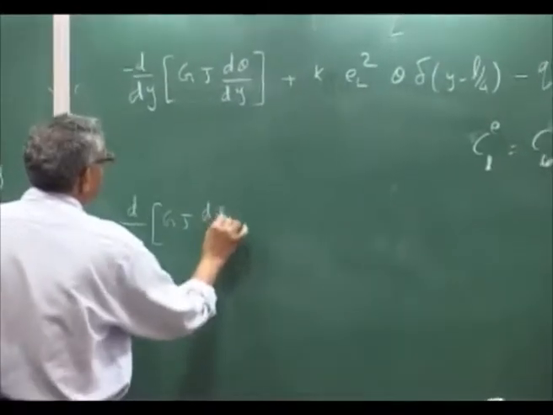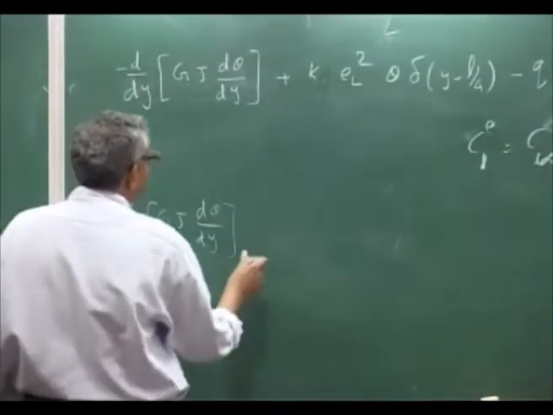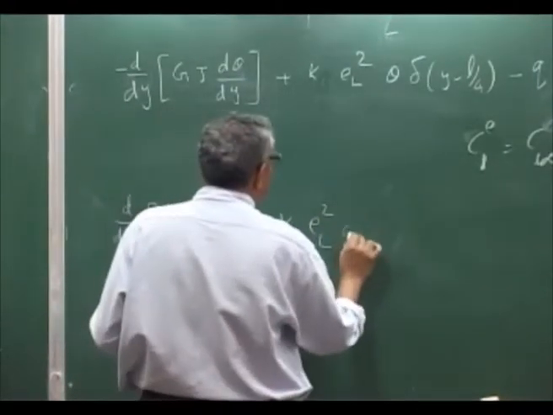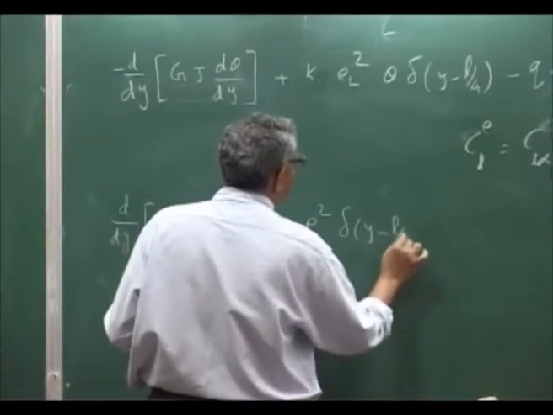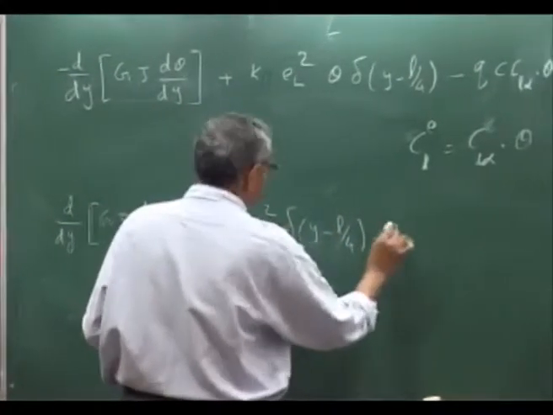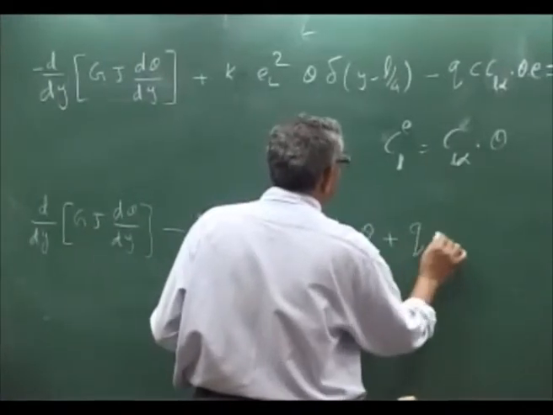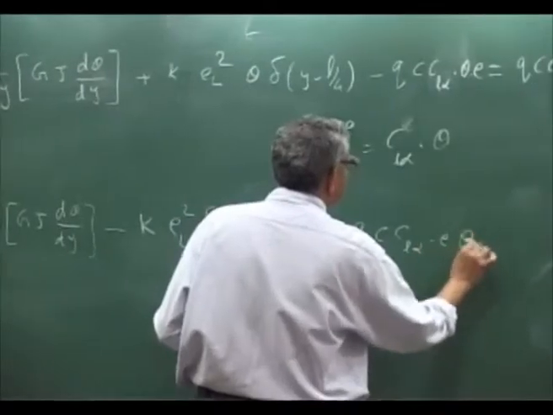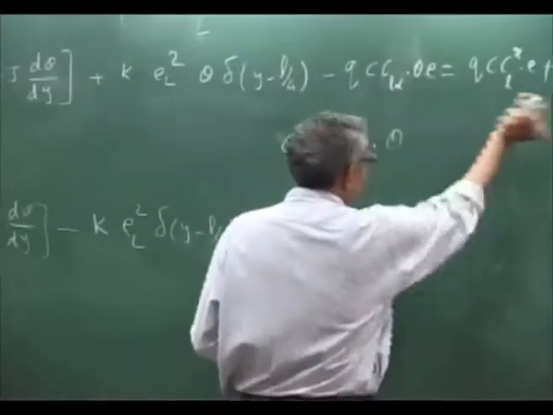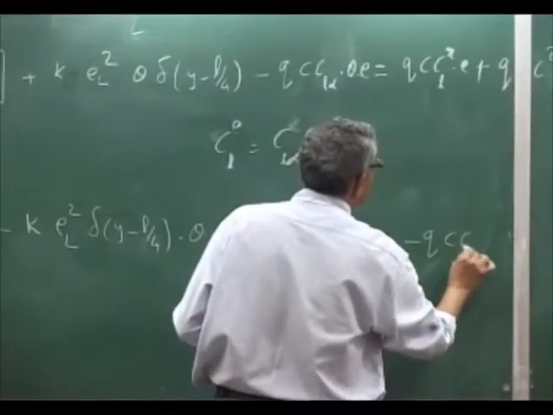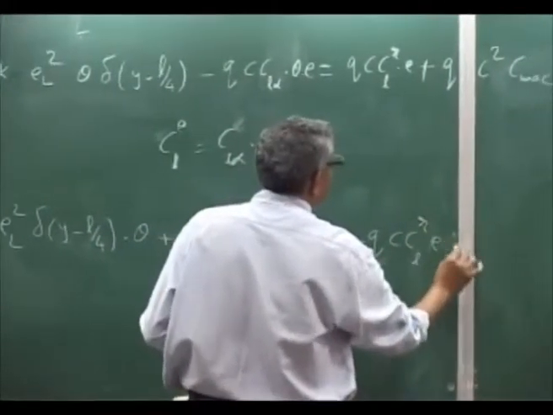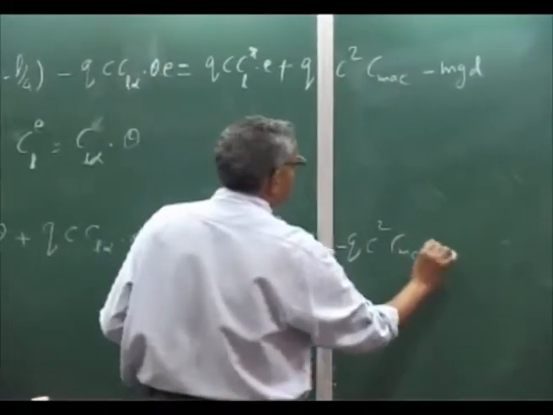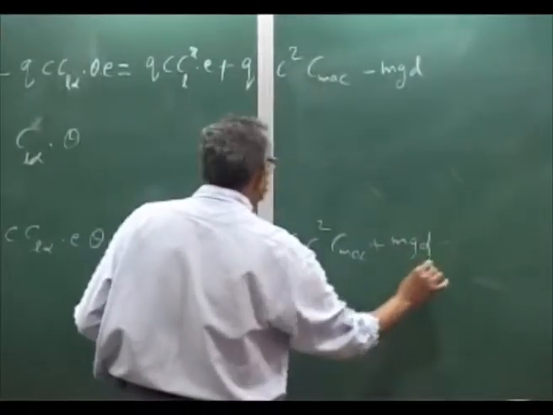GJ d theta over dy, minus k_E L square delta of y minus L by 4 into theta, plus q c C_L alpha into e theta, equals, I will have it minus q c C_L r e minus q c square c_mac plus mgd.